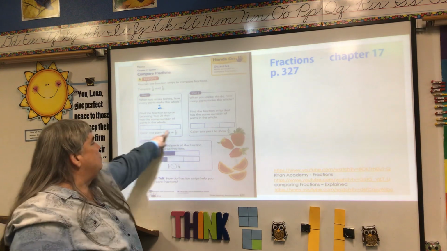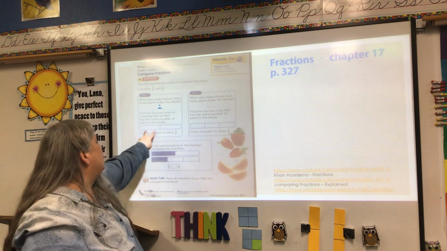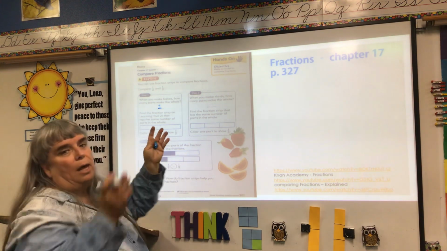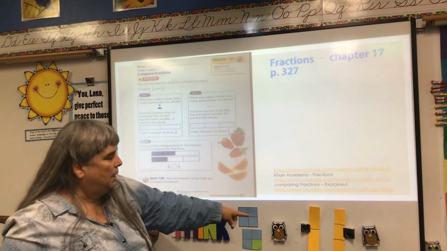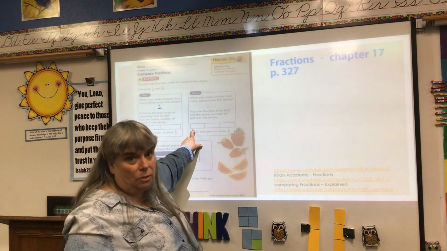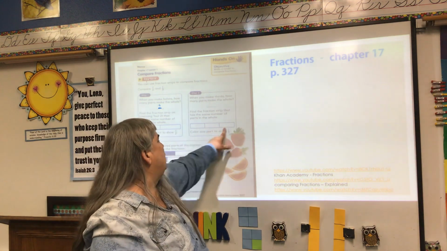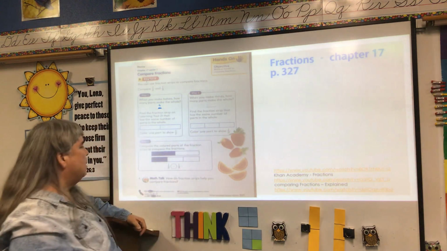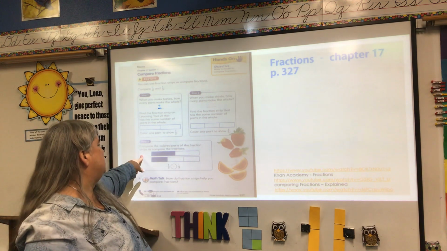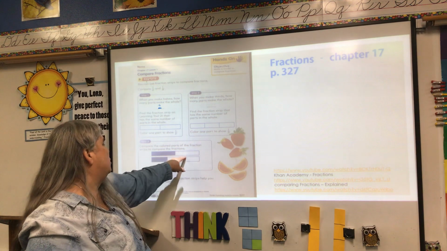But you just take a strip of paper, color one part 1/2. And what I did was I had strips of paper, I folded it in half to make that right there. And then I folded a similar sized piece of paper in thirds to make this strip right here. So compare the colored parts of the fraction strips to compare the fractions.